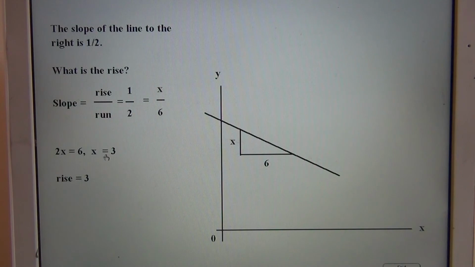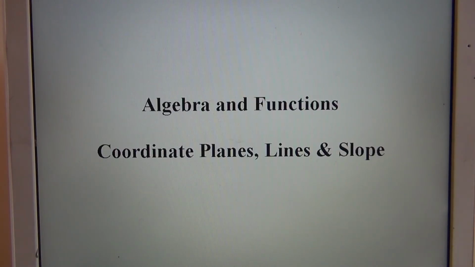X is equal to 3. The rise is equal to 3. By the way, this should say -1 here because it's a negative line. My bad. -1. Well, that's all there is to figuring out the rise.